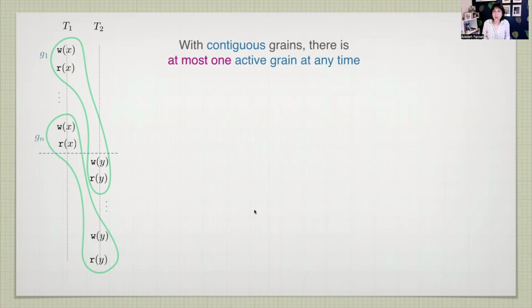So I need to maintain only a very small part of it. And unlike the case of contiguous grains, I have challenges. For example, when I have contiguous grains, there is always at most one grain that is open, that I'm in the middle of.